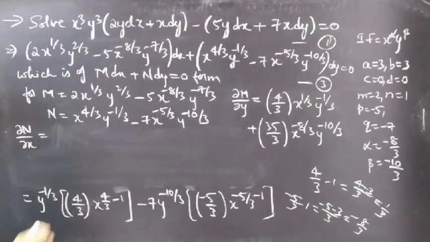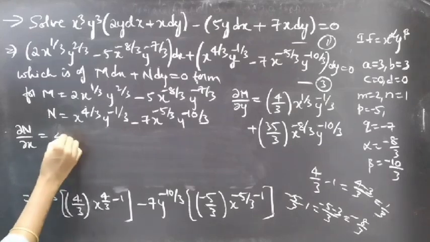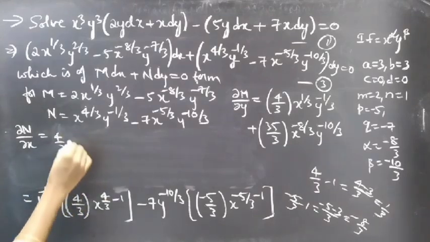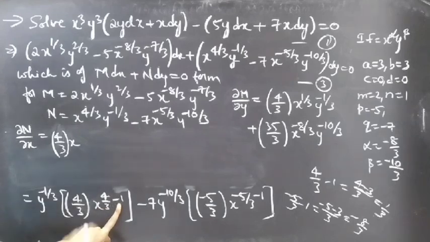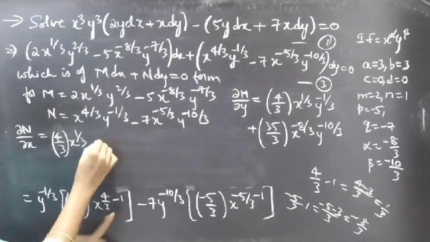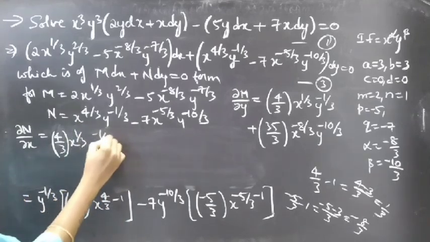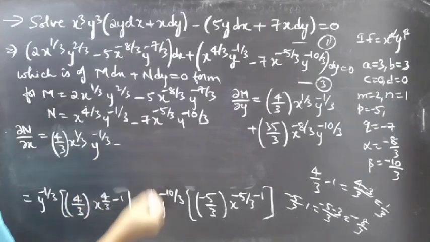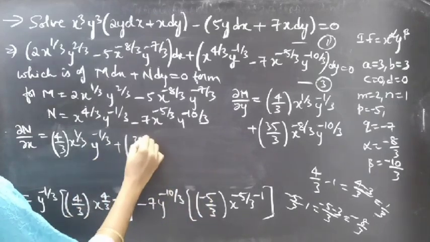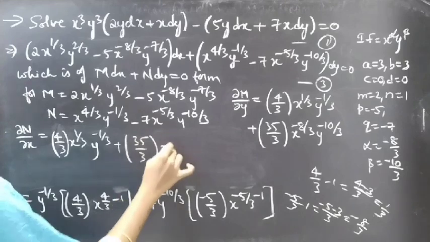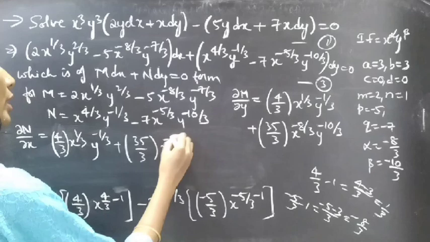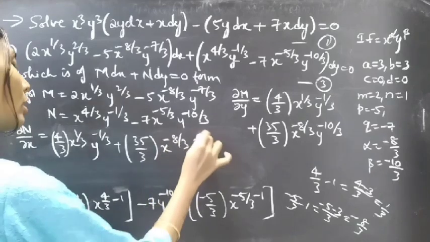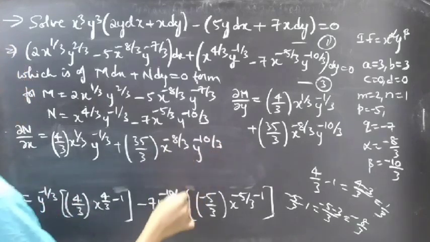This becomes 4 by 3 into x to the power 1 by 3 into y power minus 1 by 3, minus into minus plus, 7 into 5 is 35, 35 by 3 into x to the power minus 8 by 3 into y power minus 10 by 3.